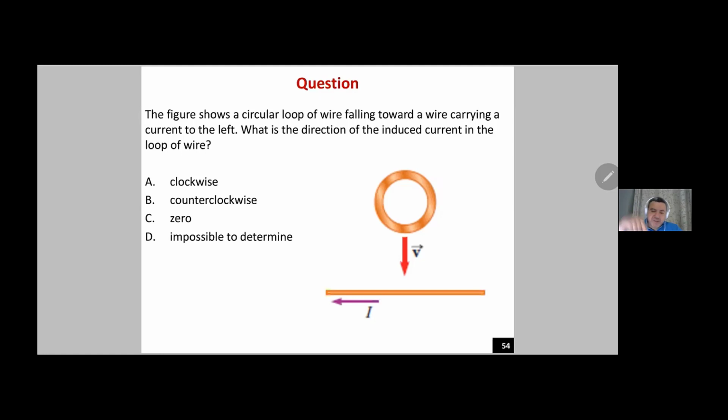So it was increasing into the screen, which means the opposing magnetic field will be pointing out of the screen. Based on the right-hand rule, pointing out of the screen, I have counterclockwise current in the loop.